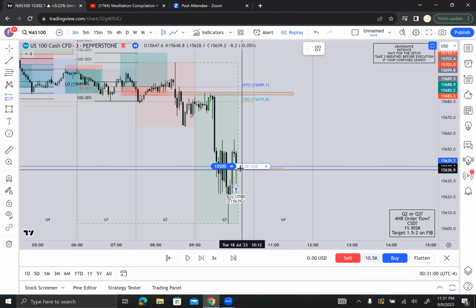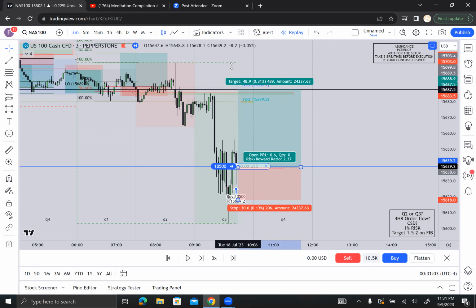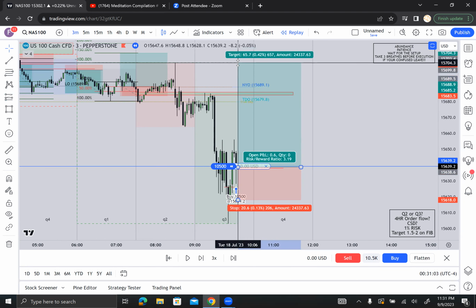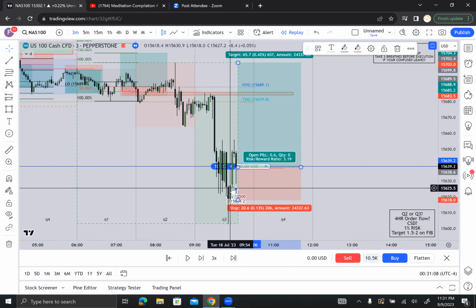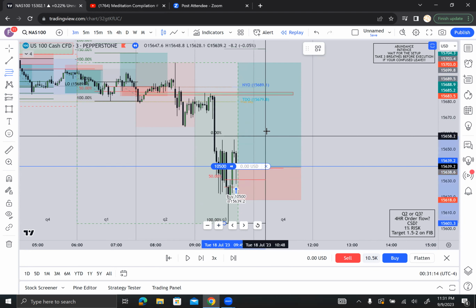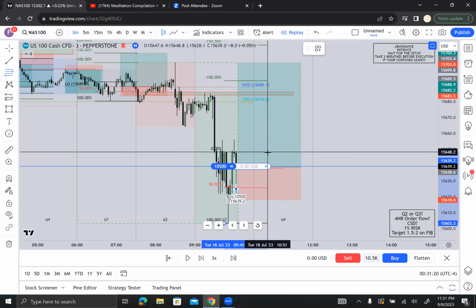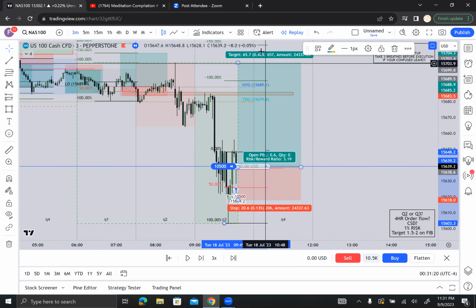And then your target would be from here. Looking to target that clean wick right there. Look at CSD, Fibonacci. So from the lows here to here, 1%, 150.